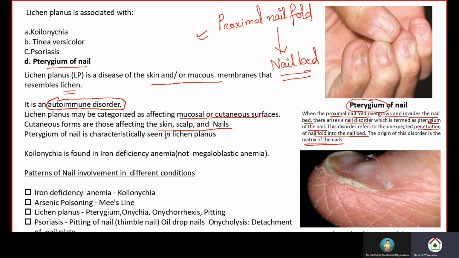And pterygium of nail is characteristically seen in lichen planus. And Koilonychia is found in iron deficiency anemia. It's a completely different thing, not megaloblastic, in iron deficiency anemia, and the nail becomes spoon shaped.